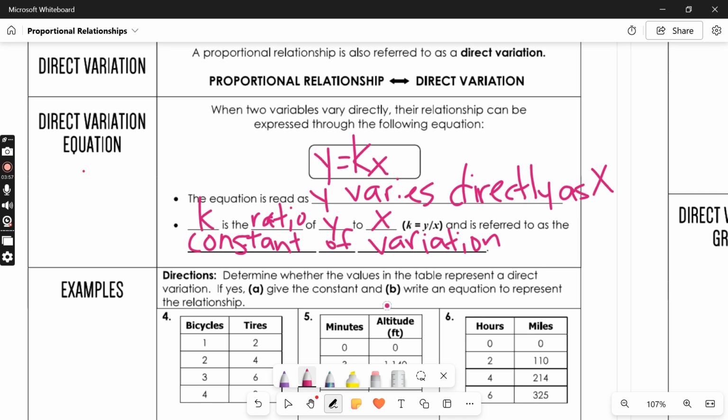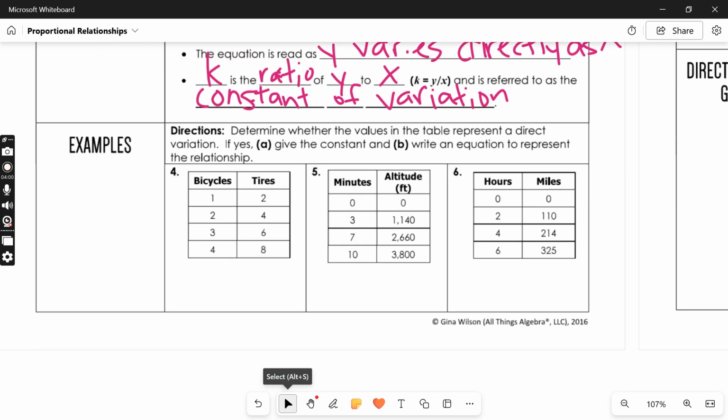Those are the same. So we're going to do exactly the same thing that we did in the beginning. Determine whether it represents direct variation. So we're going to say yes or no. Give the constant if it's yes, and then write an equation. All right, so we're going to do that division again. 2 divided by 1 is 2. 4 divided by 2 is 2. 6 divided by 3 is 2.